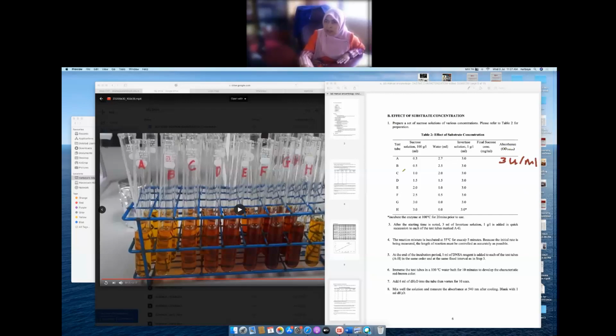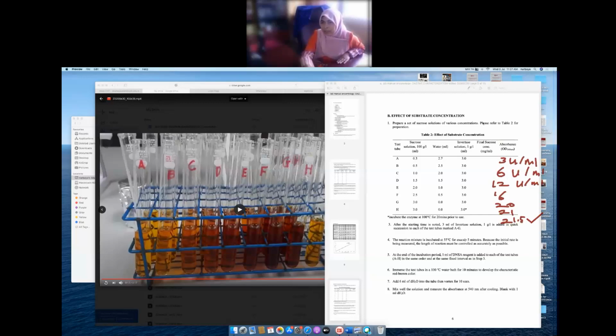For tube B, maybe you have 6 unit per mil, this one 12 unit per mil, maybe this one 16, 20, 21, and then maybe 21.5, something like that. So what happened? The highest activity for this is 21.5.